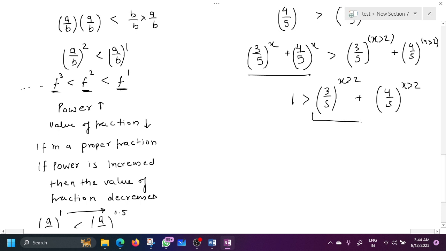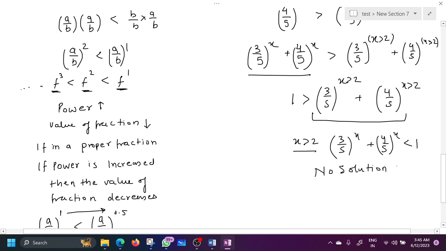So we cannot get equal to 1. So there is no solution for x greater than 2, for all x greater than 2.